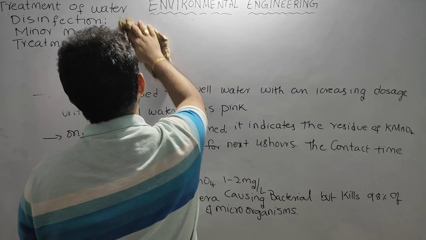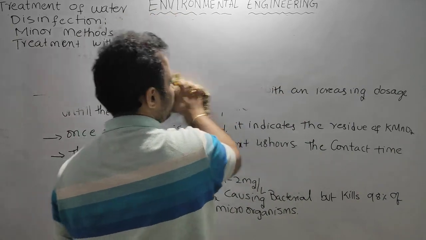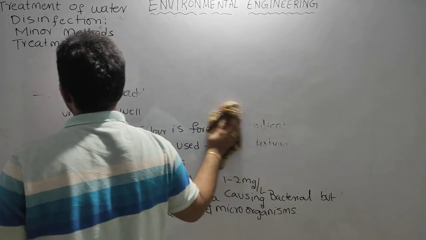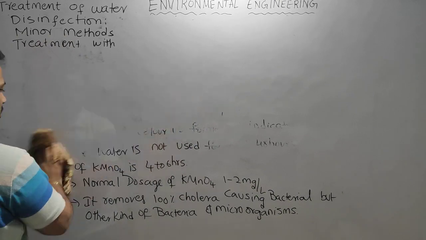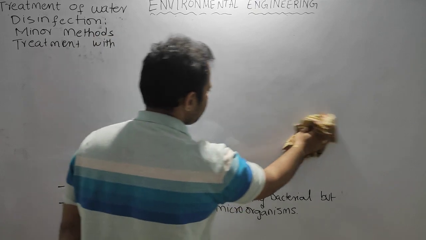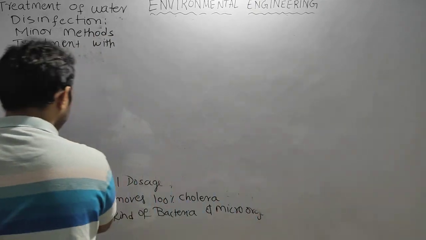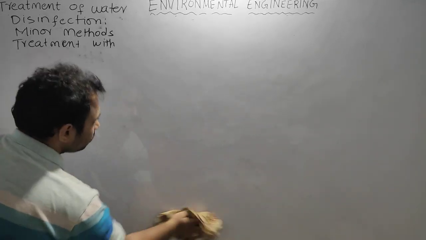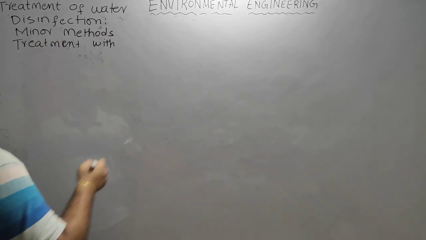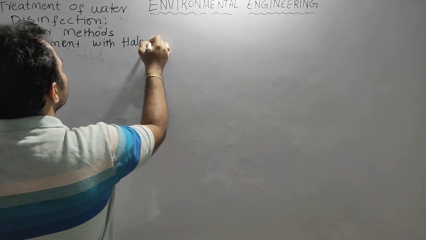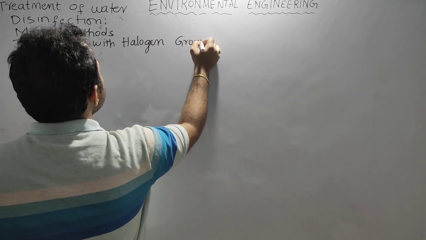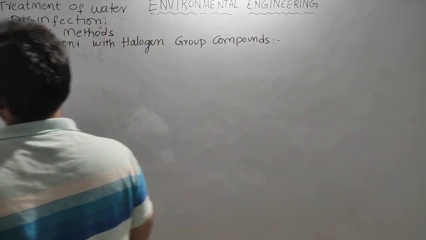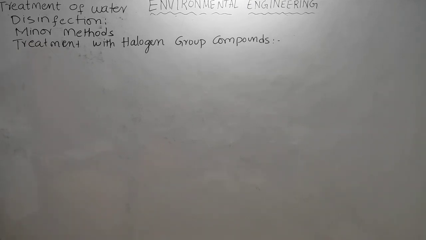Just before the noble gases there is a column, and that column is nothing but the halogens.